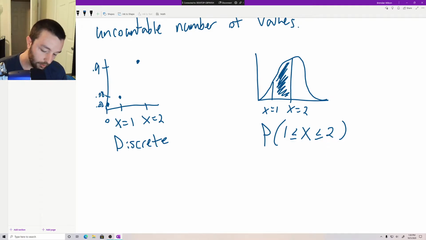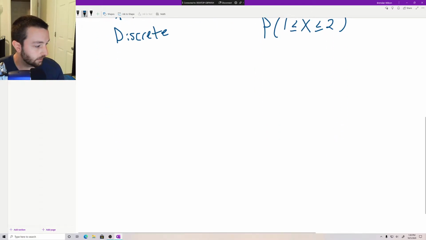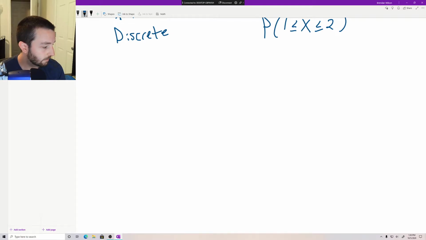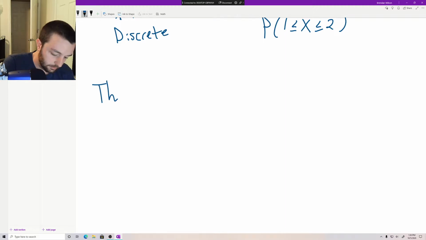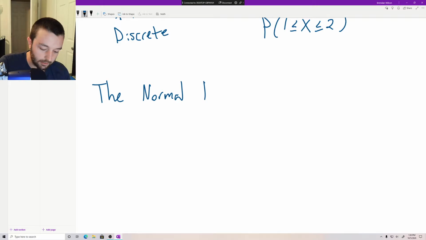All right, so the normal distribution in particular, though, first of all, it is a continuous distribution, and it kind of looks like the one I just drew.